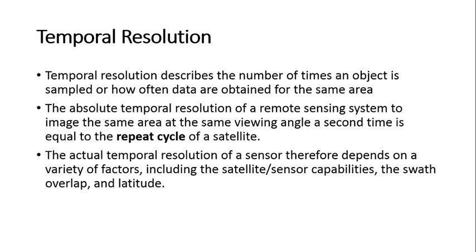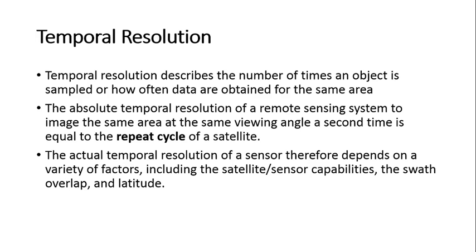It has to be mentioned. If it is for a different area, you can't say it is the temporal resolution of a satellite. It should be over the same area. In other words, you can say how many times you pass over a particular object.